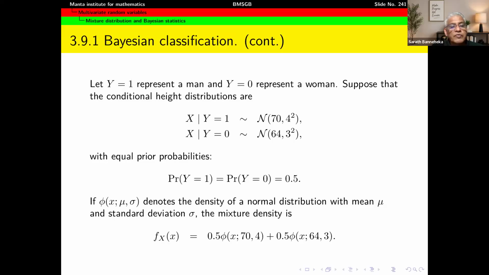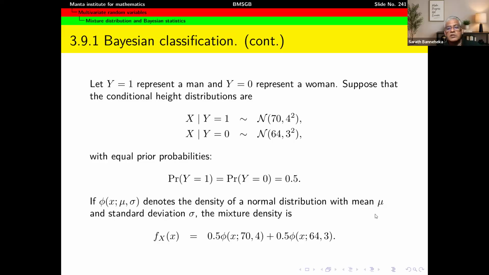So therefore, if phi(x; mu, sigma) denotes the density function of a normal distribution with mean mu and standard deviation sigma, the mixture density, therefore, we can write down in short notation as 0.5 times the density function of a normal distribution with mean 70 and standard deviation 4 plus 0.5 times a normal density with mean 64 and standard deviation 3.